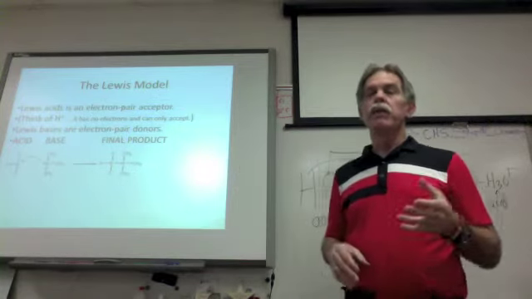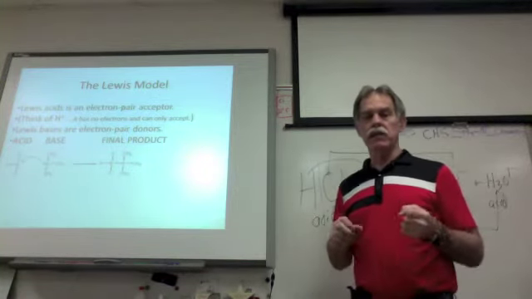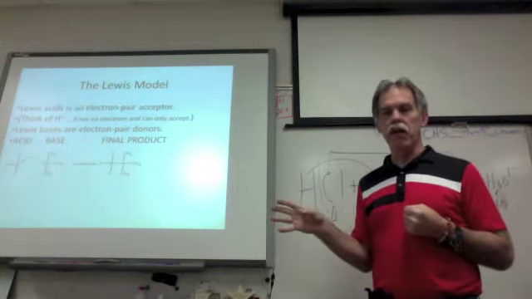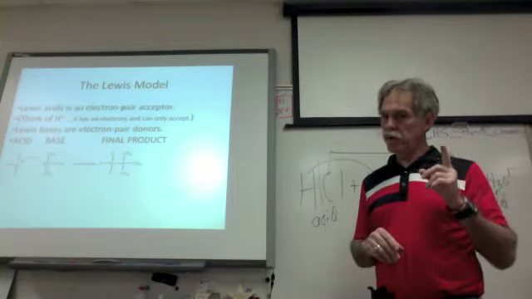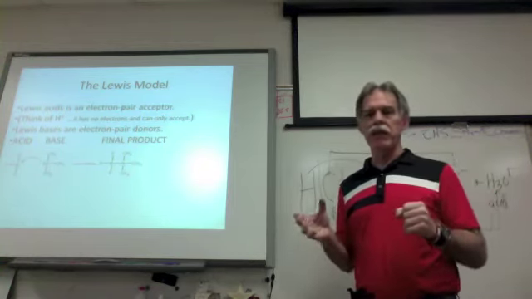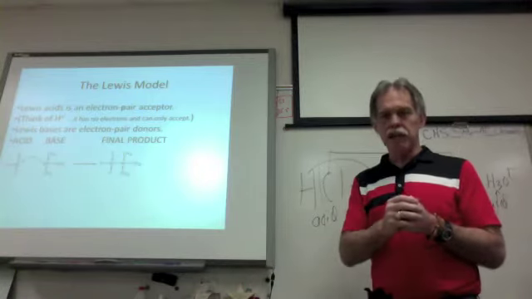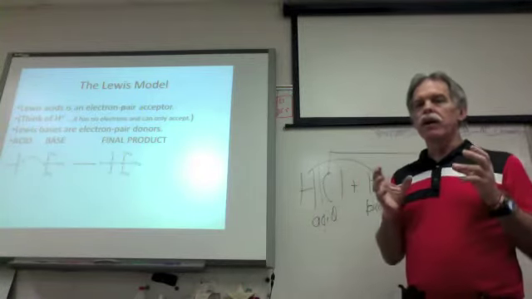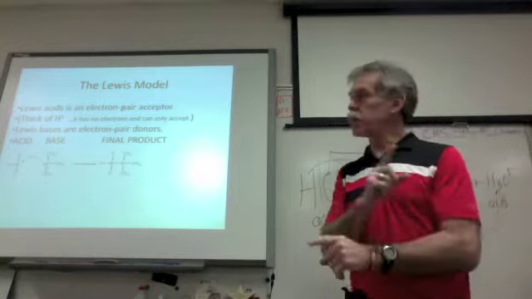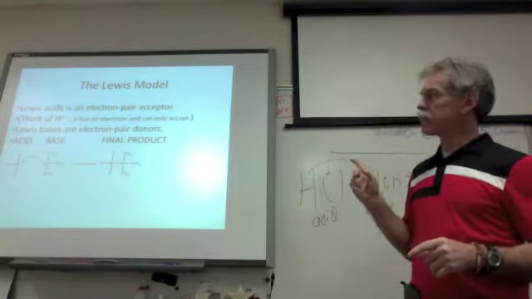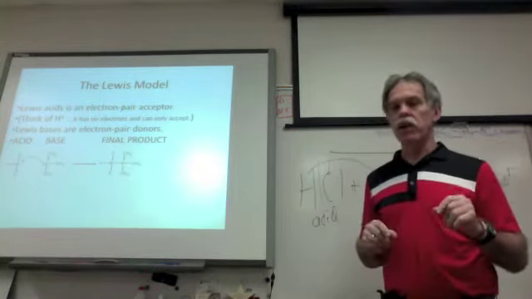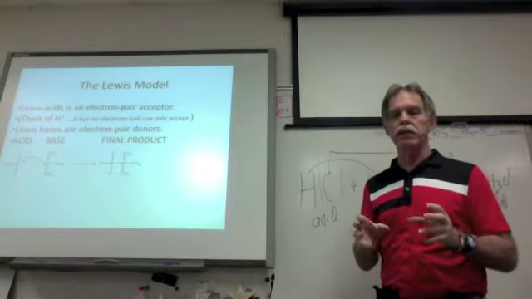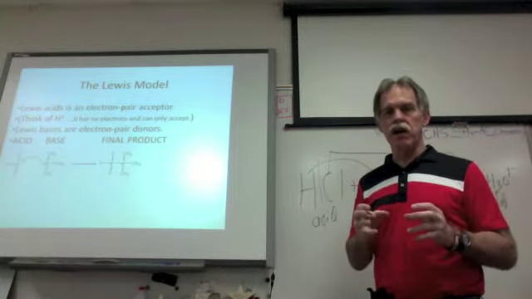Somewhat the same. Arrhenius said OH minus was dissociated from bases. Bronsted Lowry said that bases were H plus acceptors. Now, it's going to be crossed here because the acids are the acceptors and the bases are the donors, but it's not H pluses here, it's electrons.